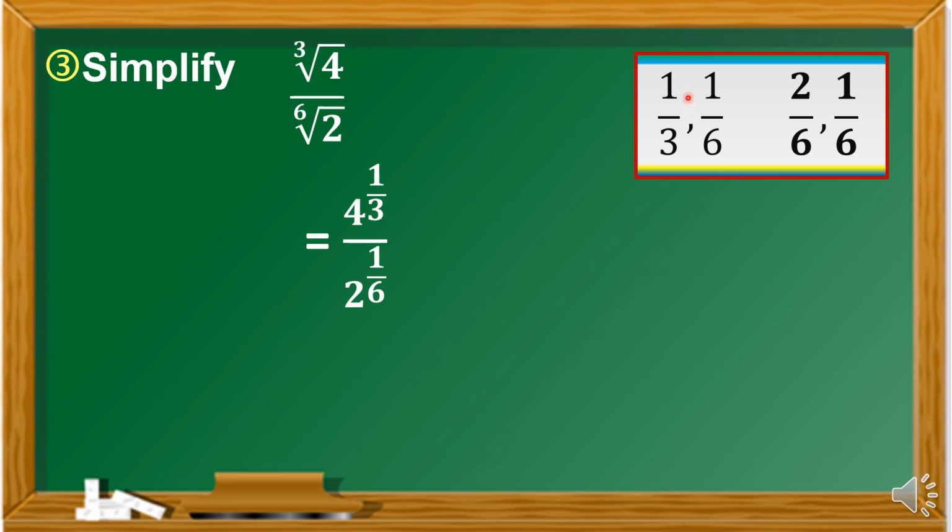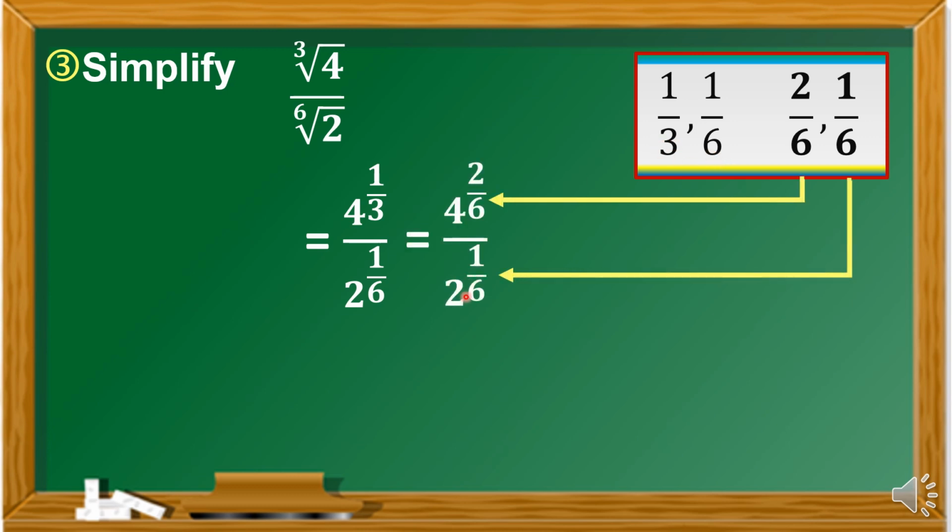So, ito magiging si 1/3 magiging 2/6 and then si 1/6 magiging 1/6 pa din. So, nagkakaintindihan na po tayo dito on how are we going to simplify fraction by finding the LCD. Kaya, so magiging ganito po ang ating given. 4 raised to the power of 2/6 and then divided by 2 raised to the power of 1/6.